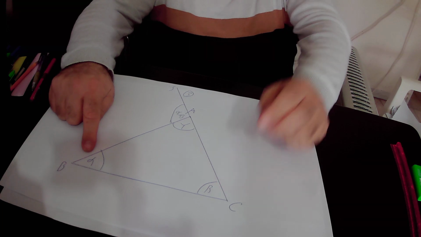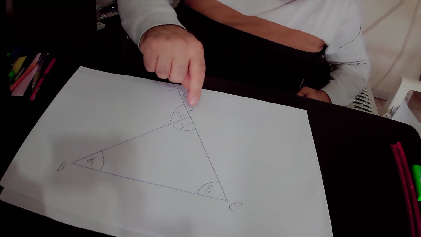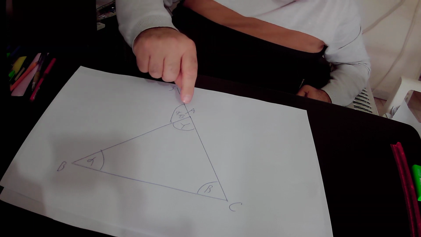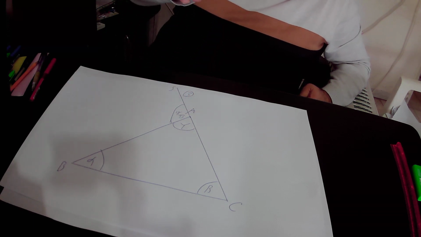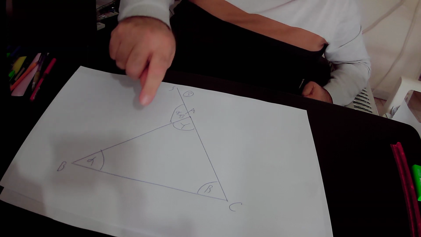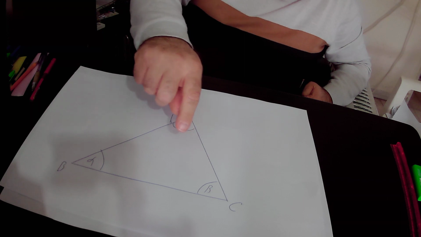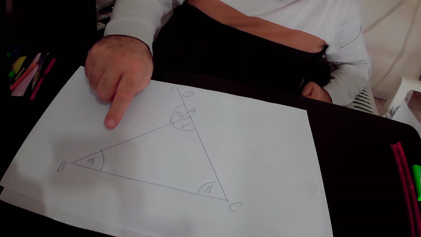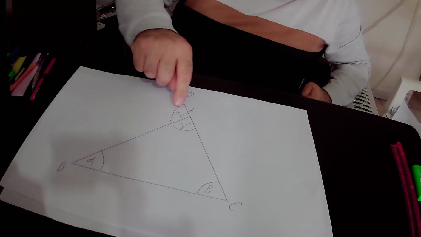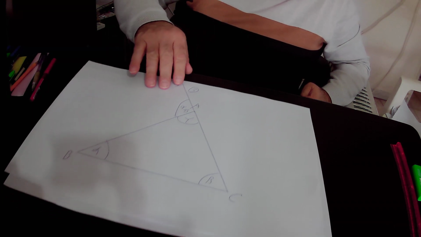So according to rule number 4, the value of the exterior angle SAB is equal to alpha plus beta, because the value of the exterior angle is equal to the sum of the angles that are not adjacent to it.